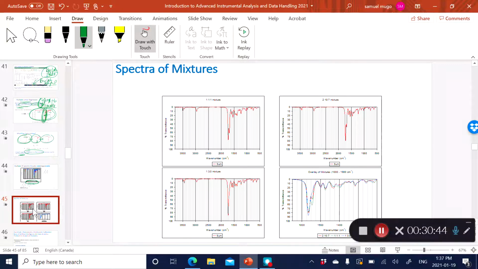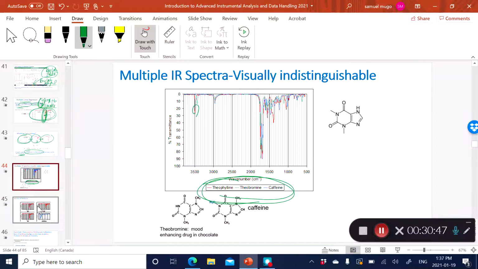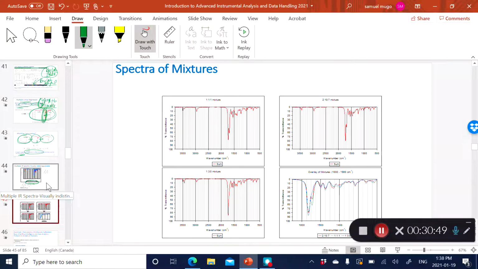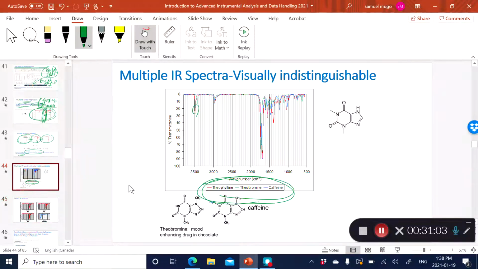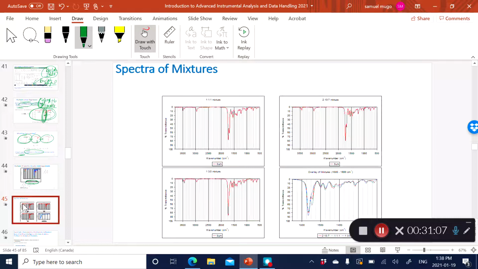And so the way you do this in terms of building the regression models for these very complex mixtures, where the signals are totally indistinguishable, would be you create standards, say of the three different compounds, theophylline, caffeine, and theobromine. And so you've got a different set of standards.